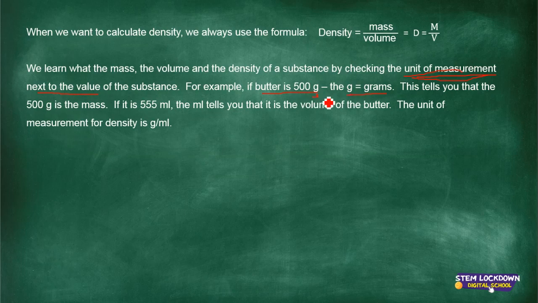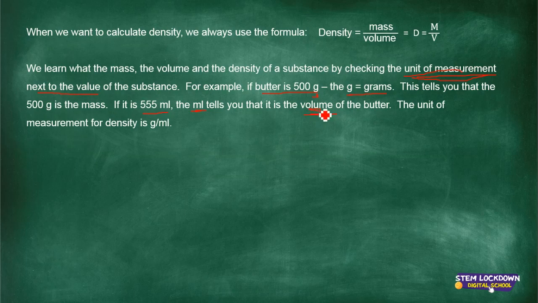This tells us what the mass is. So the 500 grams is basically the mass. Now, when they give you, say, 550 ml, the ml tells you what the volume is.